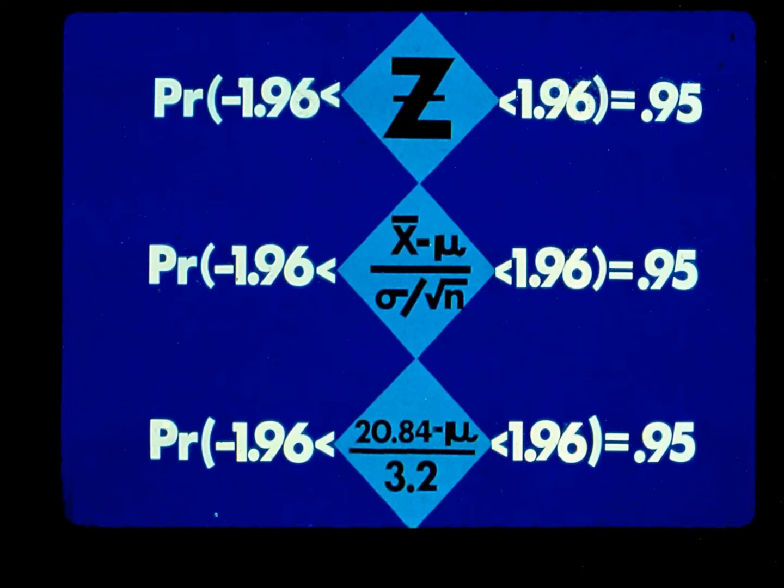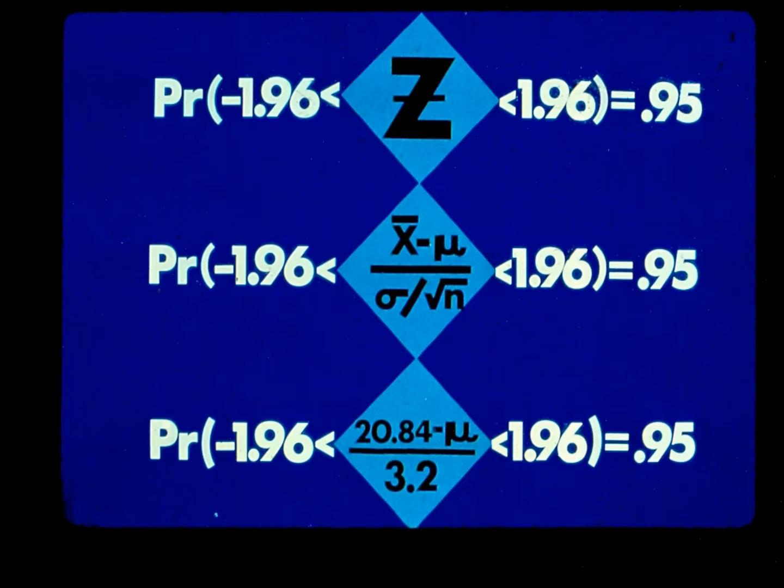Now, starting with this probability statement about the middle 95% points of z, shown at the top, we can work towards our 95% confidence interval by first substituting for z the standardizing formula x bar minus mu divided by sigma over the square root of n. This substitution is shown on the second line.